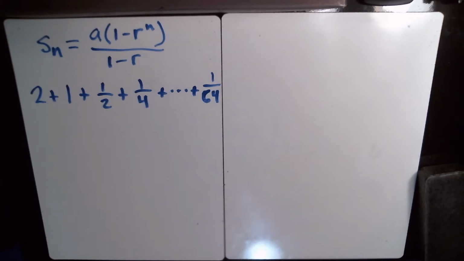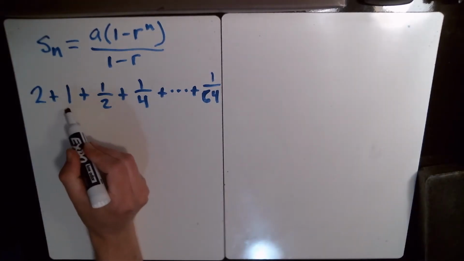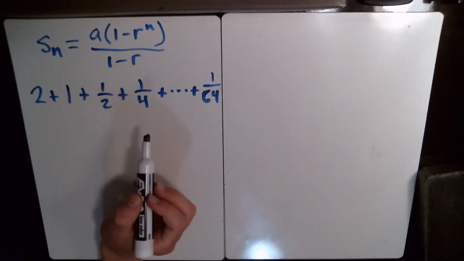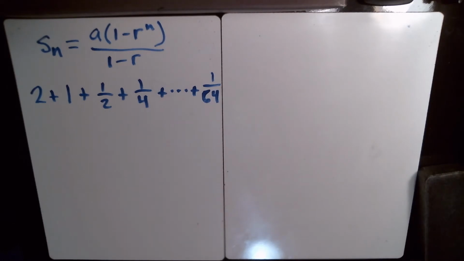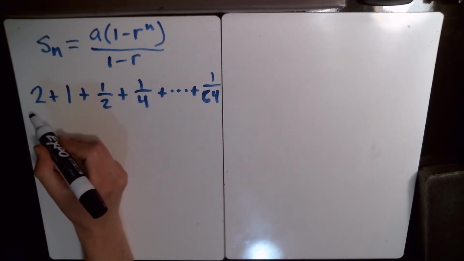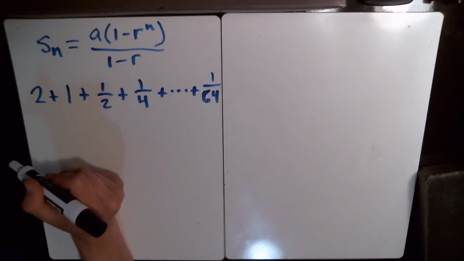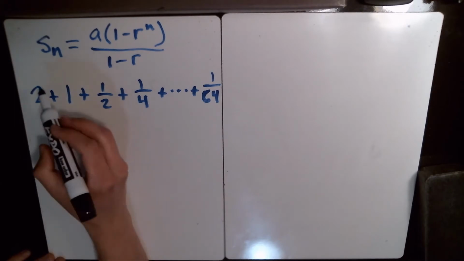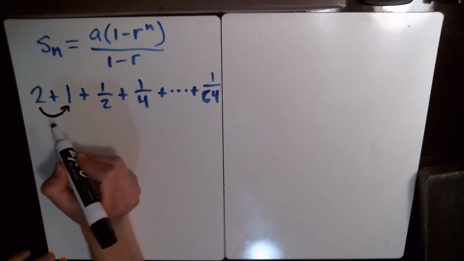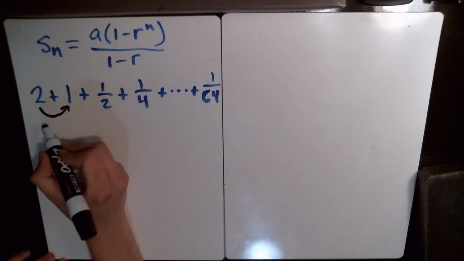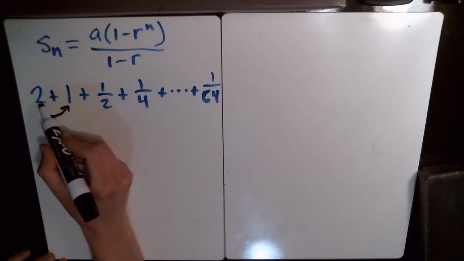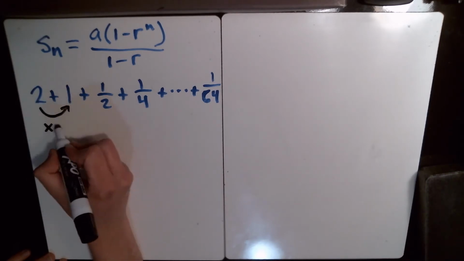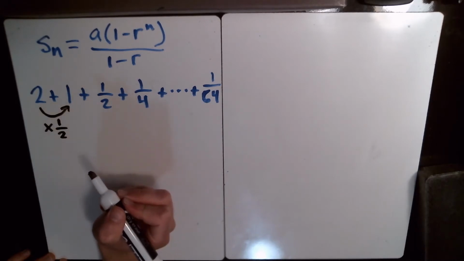So in this case I'm again dealing with a sum of numbers that seems to have a pattern between the numbers. And we're in the geometric sequence section, so we kind of expect this to be geometric. Between these two, what are we doing? We divide this one by this one, so we're timesing by 1/2.